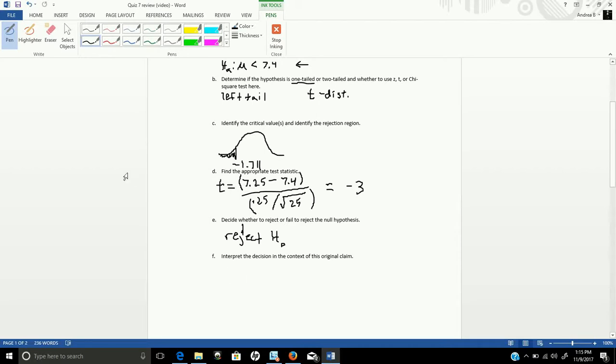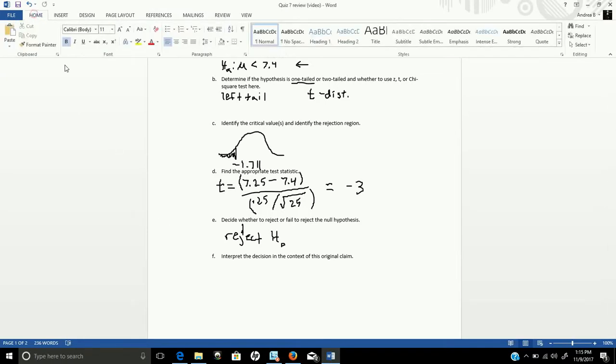And then just like normal, we want to make sure that we're also writing out our interpretation here as well. Let me go ahead and type this part in, since this part's a little bit longer.